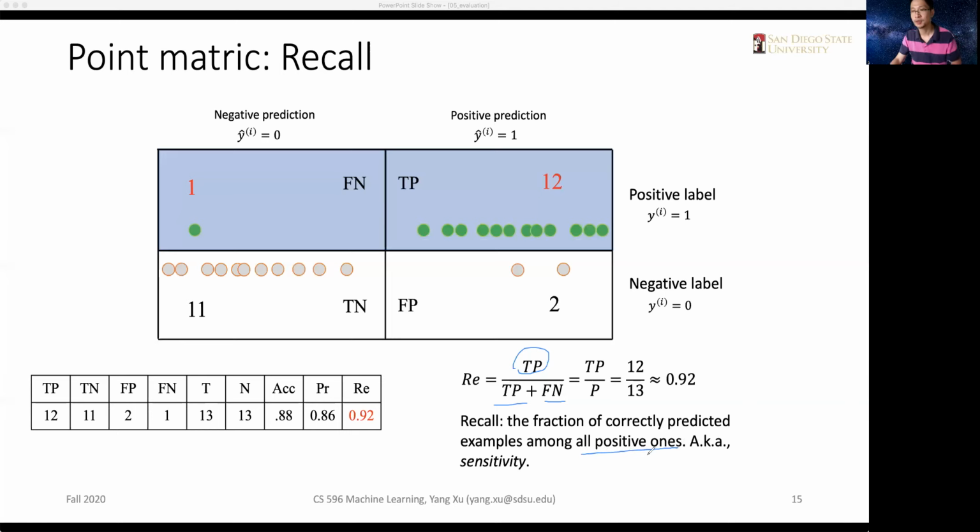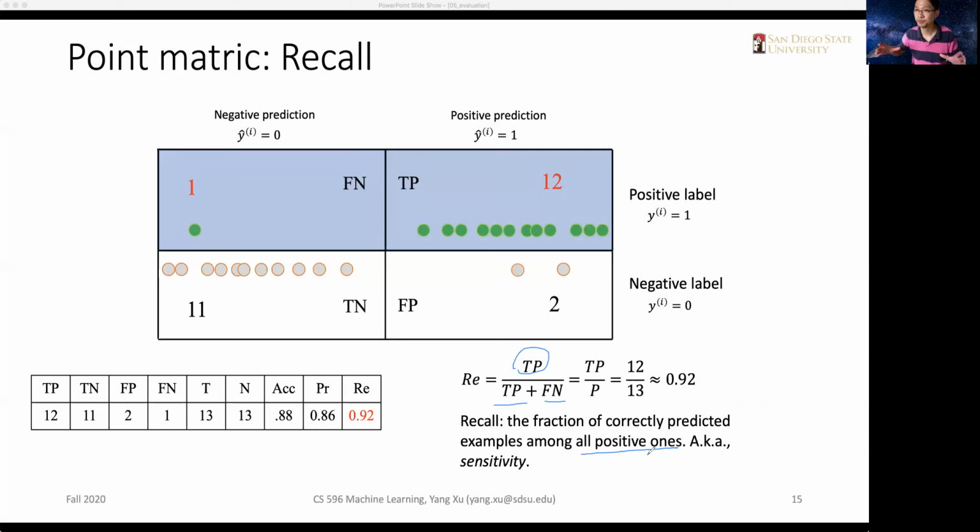If the recall is high, then only a small part of the actual positive labels are ignored. Then we say that the model is pretty sensitive. Nothing is left behind. And if the recall is not that high, then probably the model is too conservative.